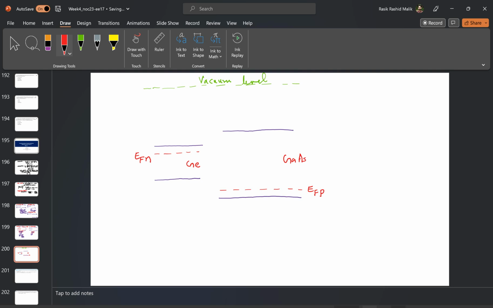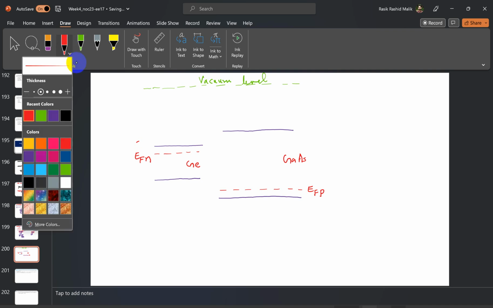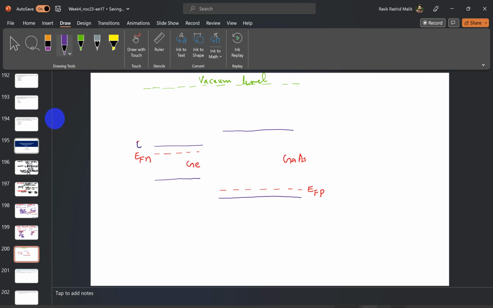So the different terms here: similarly we have EC on the n side, we have EV on the n side, and similarly we have EC on the capital P side and EV on the capital P side.